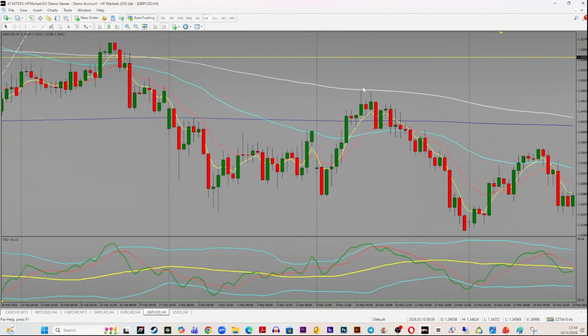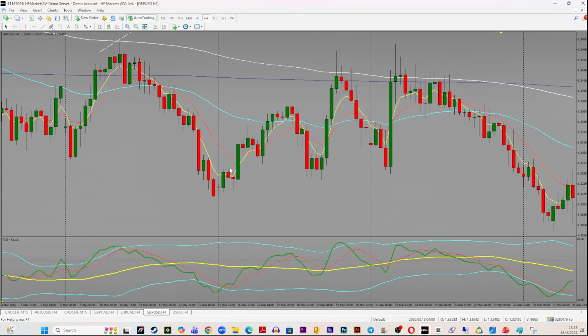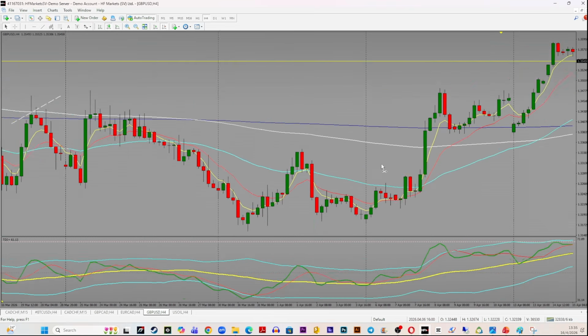Then we had another touch of the 200 here, and after that touch we had the green and red crossing over for this particular flow to the downside, and another 200 touch here, which may have been a good entry, but it could have been taken out here if you were actually looking to go short for quite a long period of time.